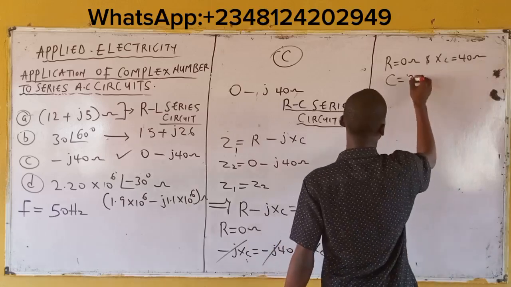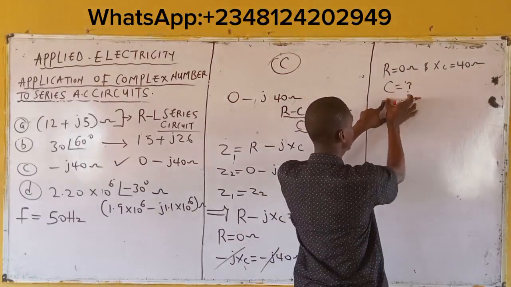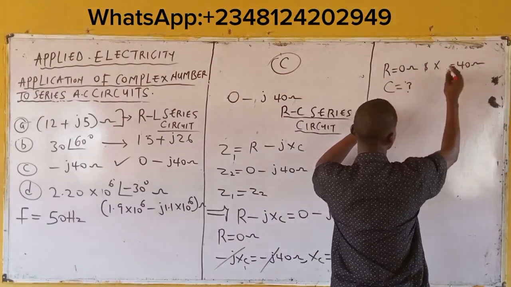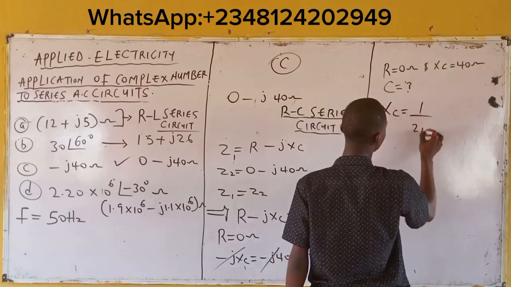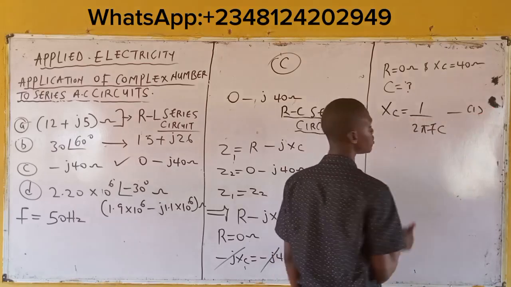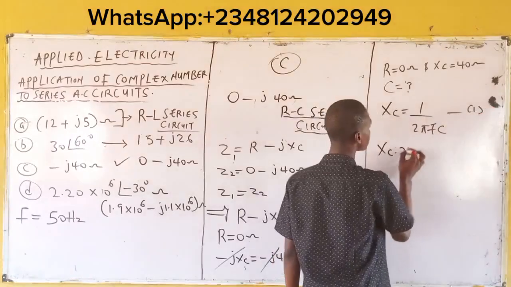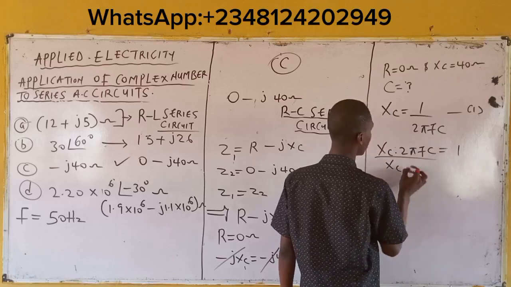How do you get your capacitance C? You relate the capacitance with the capacitive reactance. By formula, XC is given as 1 over 2 pi FC. Call this equation 1. From equation 1, make C the subject of the formula.